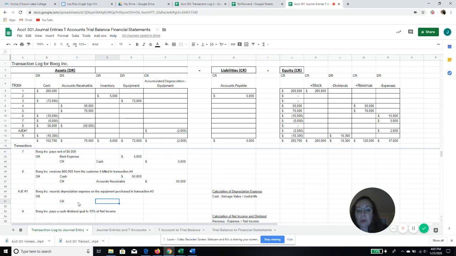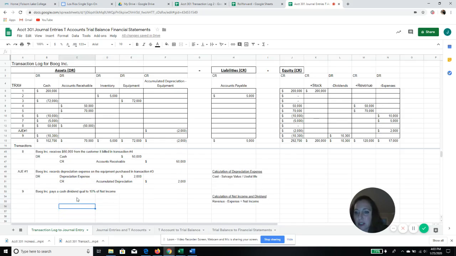So we are going to book a credit to accumulated depreciation for $2,000, and we booked an expense of $2,000 for depreciation expense. Expenses have a natural debit balance, so we will debit depreciation expense for $2,000.